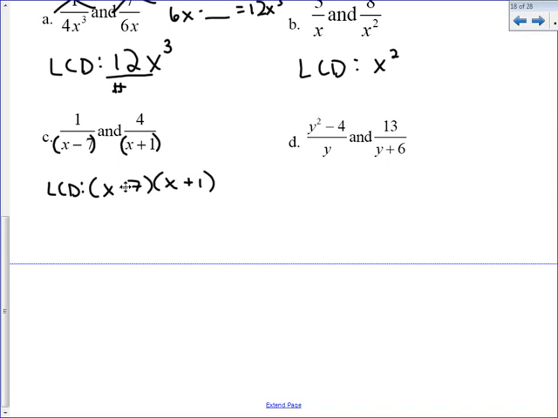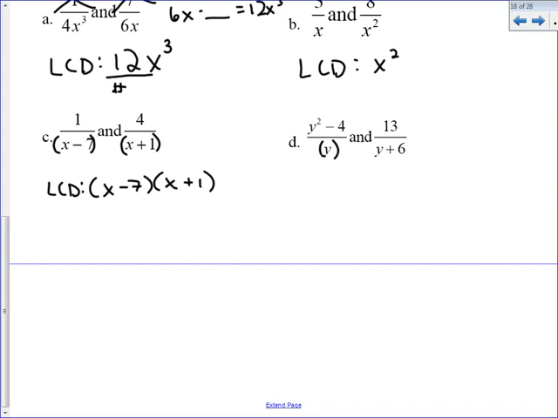Now D, one denominator is y, and one denominator is y plus 6. And the reason I put this one in here is people say, well, I'm just going to use y plus 6 because that takes care of my y. But it doesn't. So y by itself has to be treated as a factor.